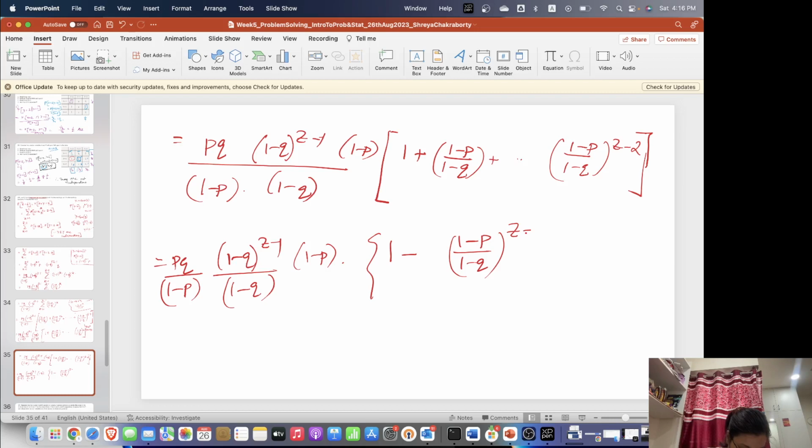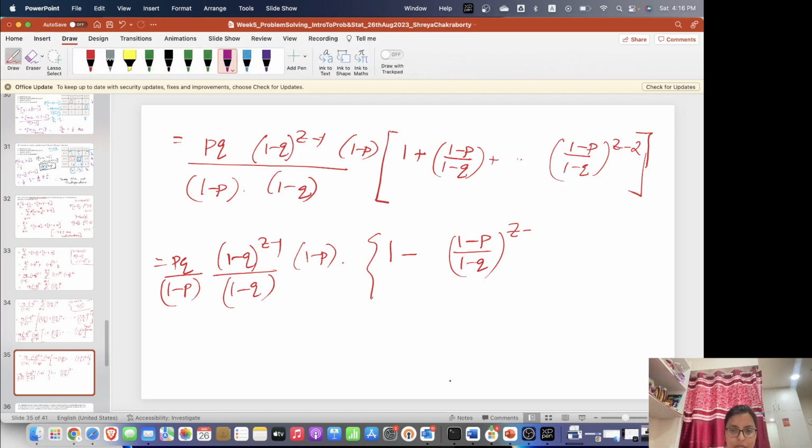Geometric sum. If we have something like a plus ar plus ar square plus ar to the power n minus 1, we are starting from 0.